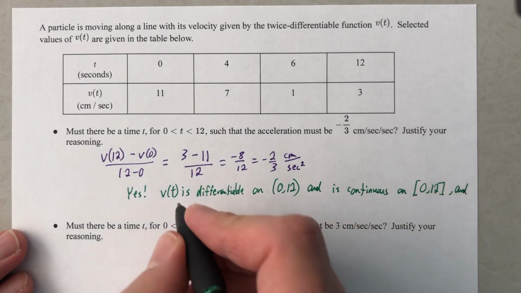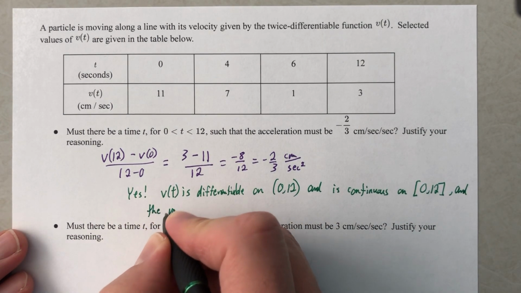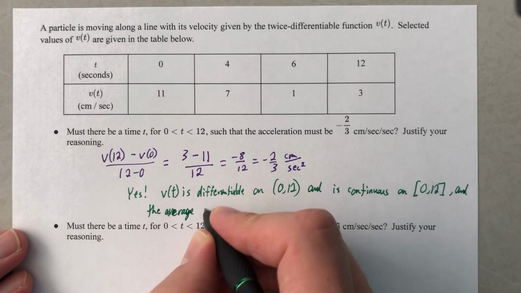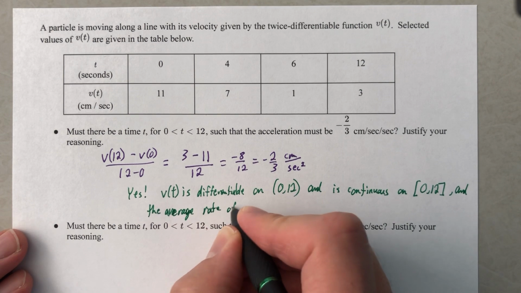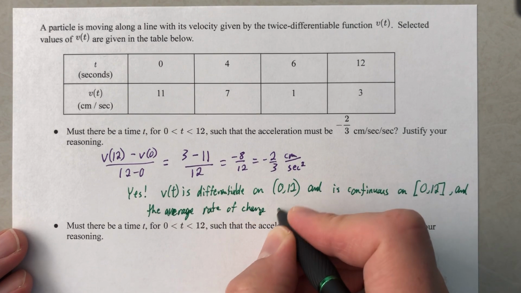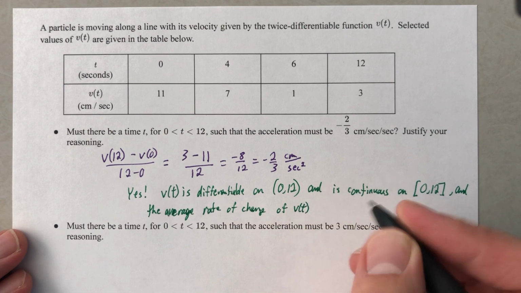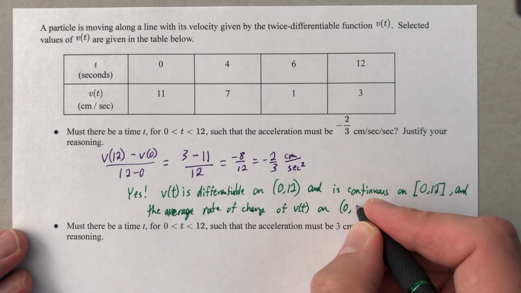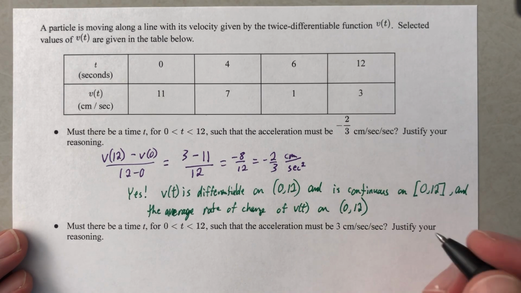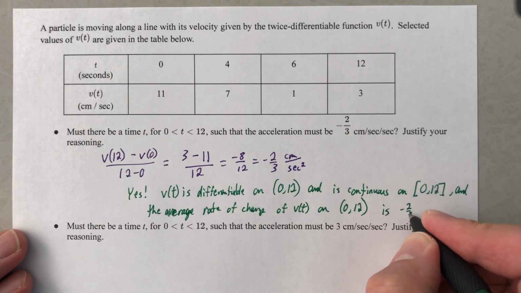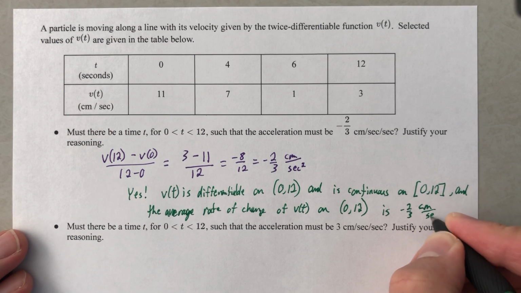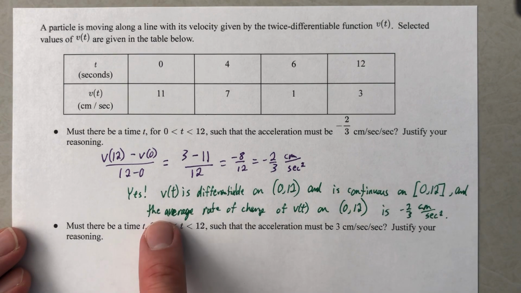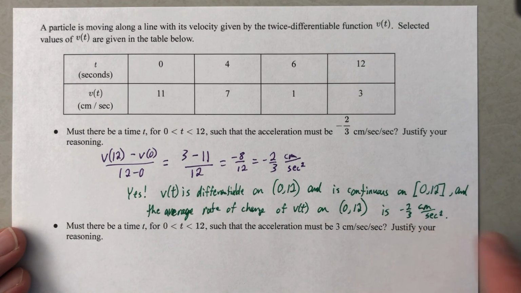And the average rate of change of the velocity, which will be acceleration, on the interval from 0 to 12, parentheses or brackets, not a big deal, is negative 2/3, and we'll put units for fun, negative 2/3 centimeters per second per second. Okay, again, met one condition, met the other condition, and we said, yep, we got that negative 2/3 going on.